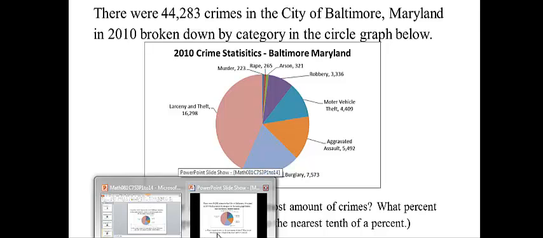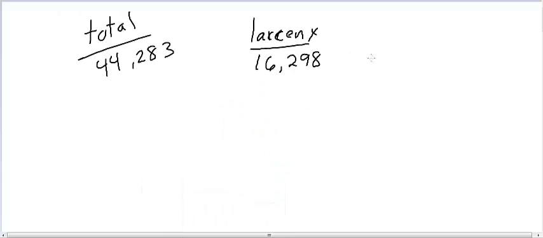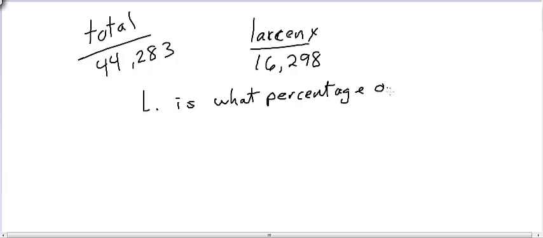Again, it's asking what percentage does this equate to? We're essentially asking the question, larceny, and I'll abbreviate with an L, is what percentage of the total crimes in this case.